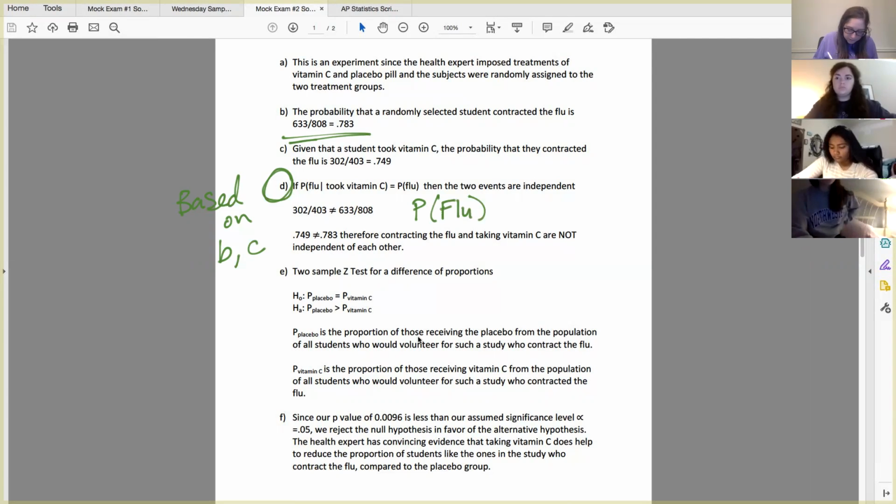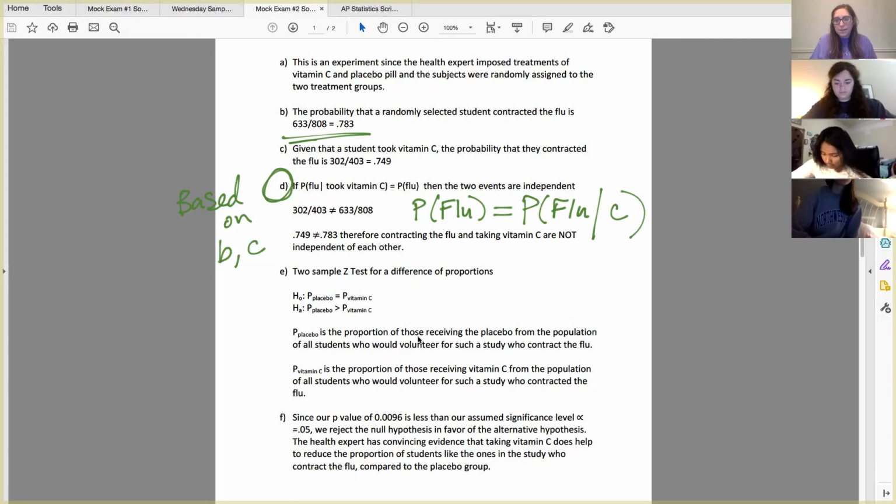Part C is the probability of getting the flu given they took vitamin C. And if these two were equal to each other, then that would mean that they're independent. That's the conditional rule for independence. But since these two numbers are not the same, then they are not independent.